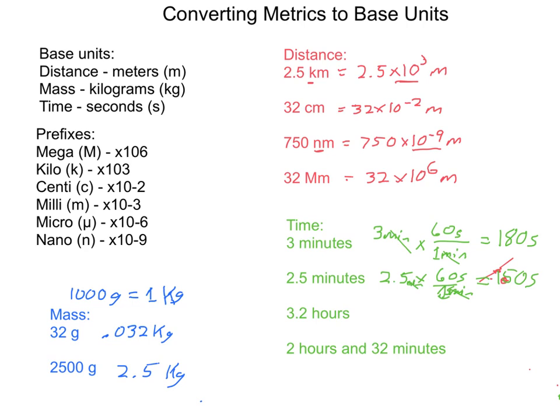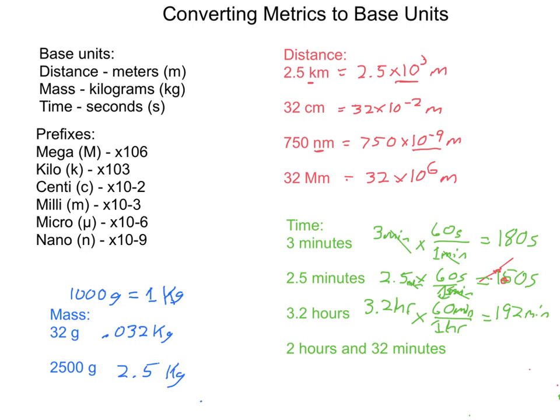Now I'm going to have to go through a few extra steps. First off, how many minutes in an hour? So I have to convert down 3.2 hours. Well, there are 60 minutes in 1 hour. So I multiply, and I come out with 192 minutes, but I'm not done here yet.